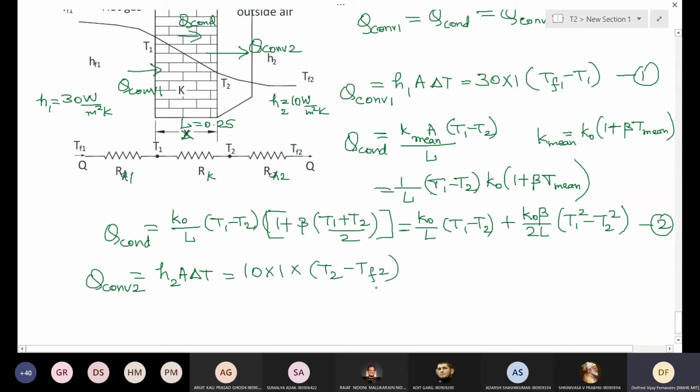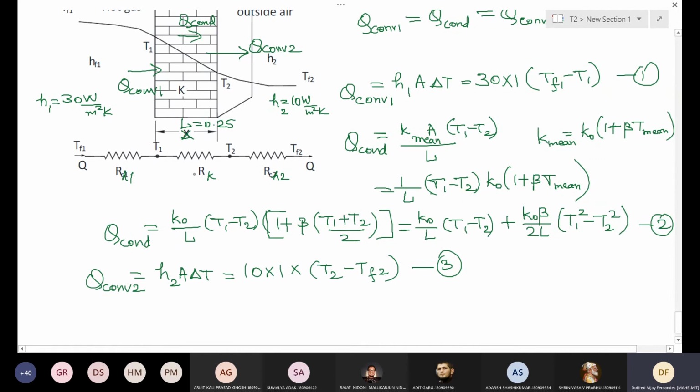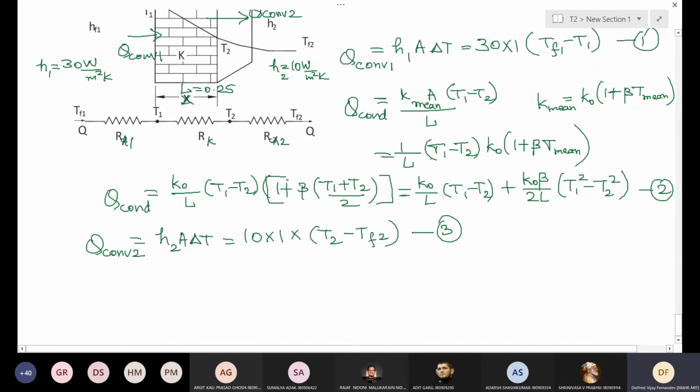So this is 3. Now we have written convection 1 same as conduction, same as convection 2. So we can make equations using that relationship and obtain T1 and T2. Then we can obtain the rate of heat transfer.